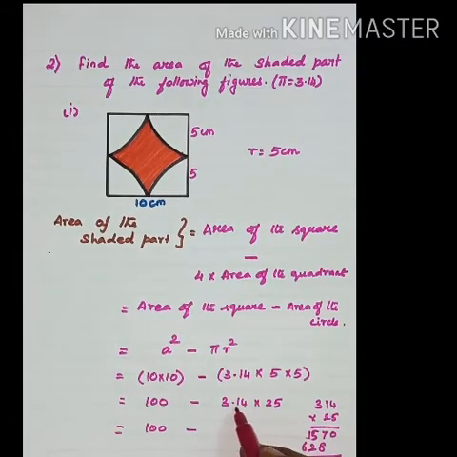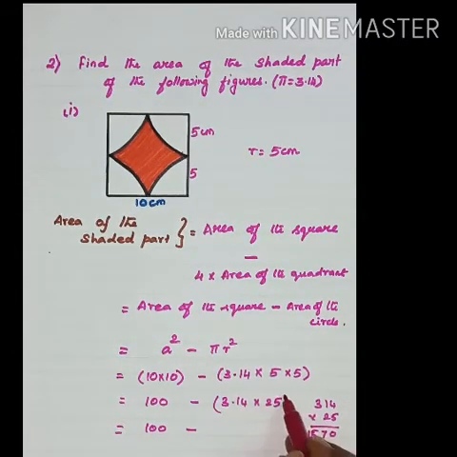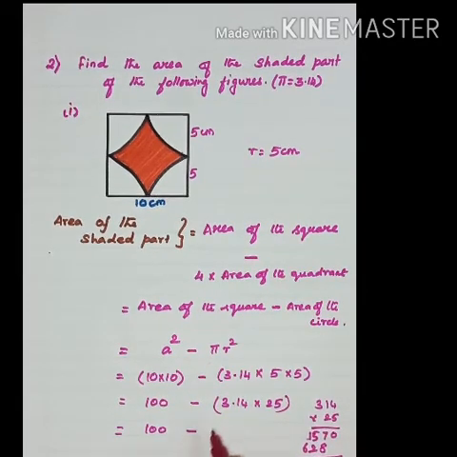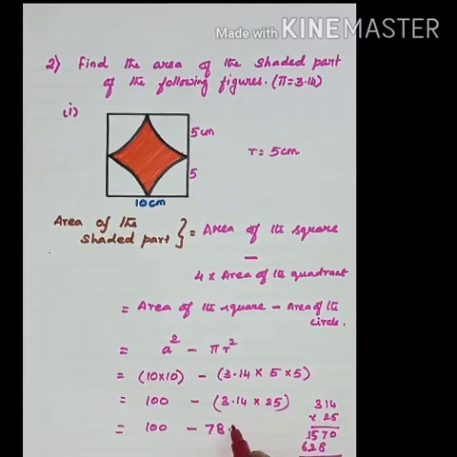See, after the decimal point, 2 digits are there. So we have to put the decimal point from right to left. The answer is 78.50.